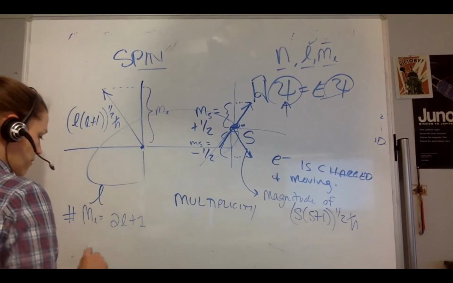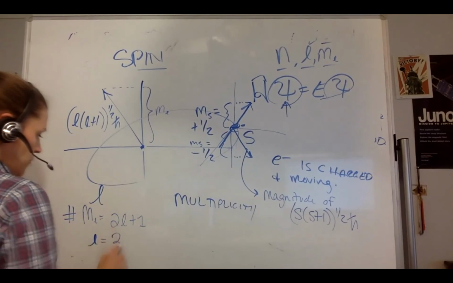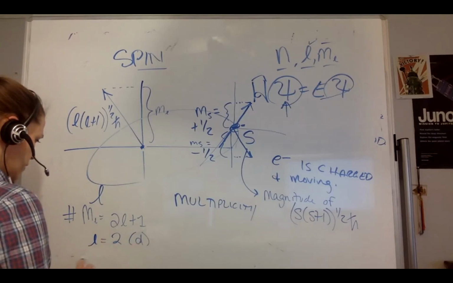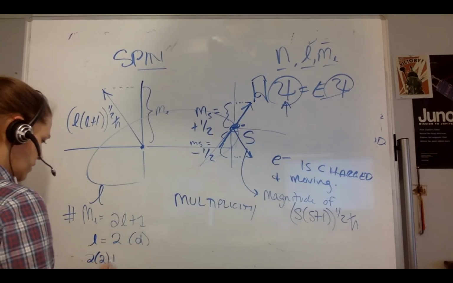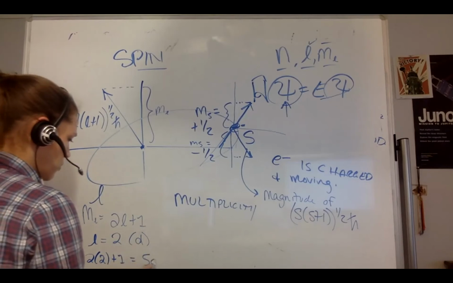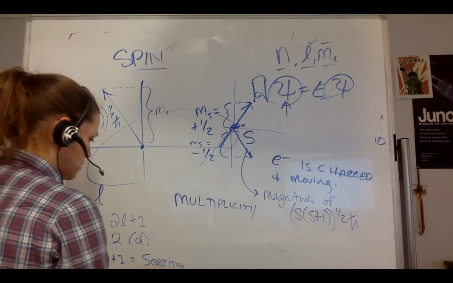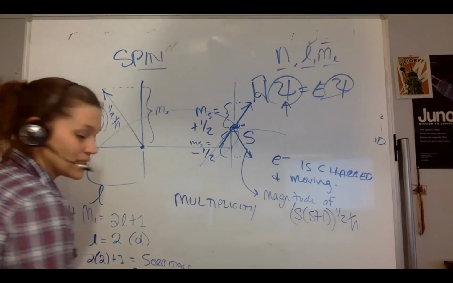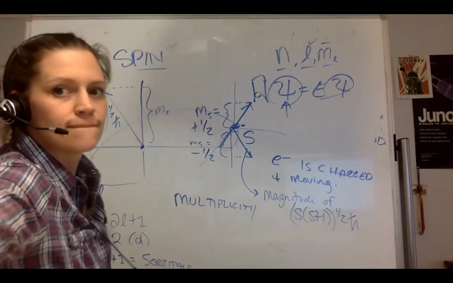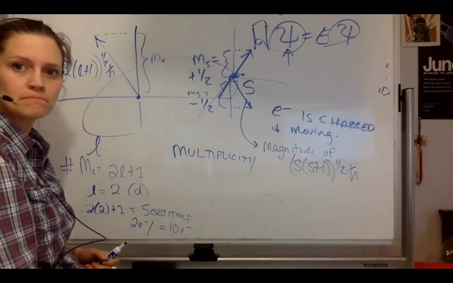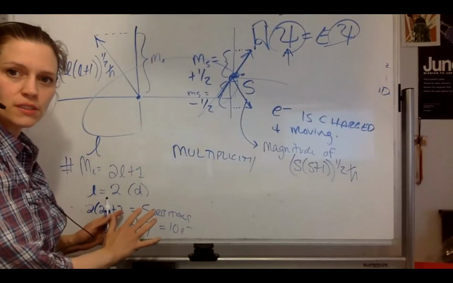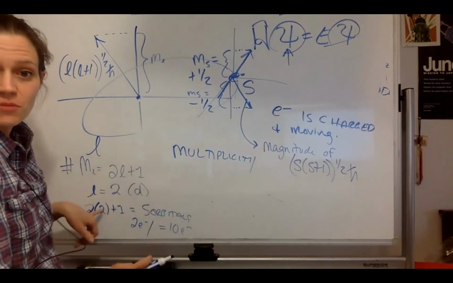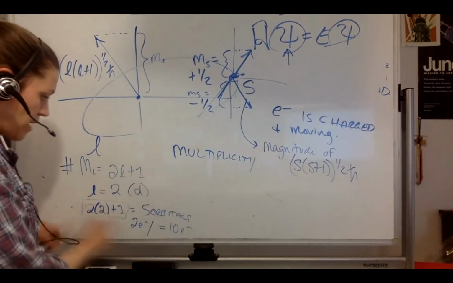So if L equals 2, which is a d orbital, then you have 2 times 2 plus 1, which means you have 5 orbitals. 2 electrons per orbital equals 10 electrons in the d orbital. Cool? You're happy with this? So that's the multiplicity. The number of m sub L's that you have is called the multiplicity.